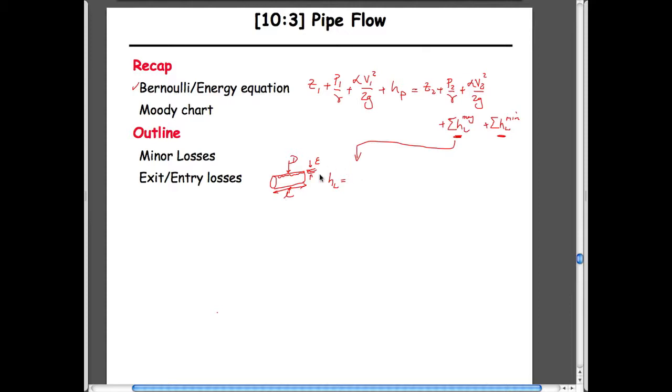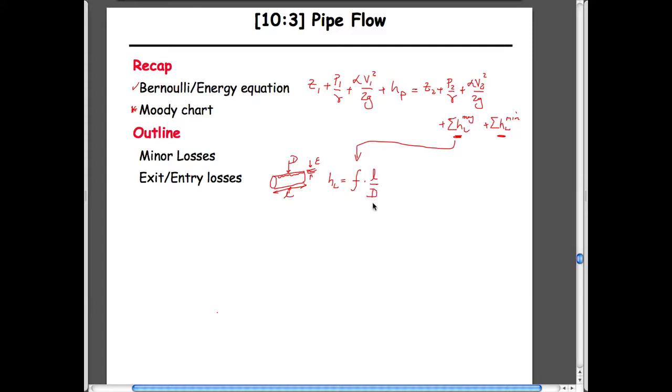And together, this magnitude of head loss, which has to be in units that are equivalent to this, which are units of length, is defined as some kind of friction factor, which we talked about yesterday, which kind of links us to the Moody charts, multiplied by, it scales with how long the pipe is relative to its diameter.